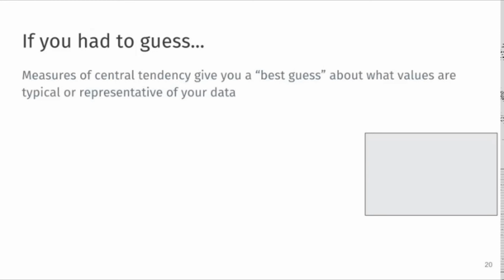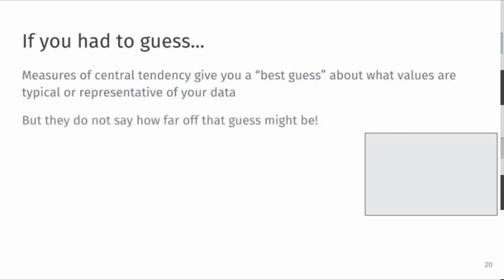And like I was just saying, how good of a guess that is depends on the kind of data you have, as well as which of these measures you use. But the other thing that we need to know from statistics is not just what's your best guess of what you could observe, but you also need to know how far off that best guess could be.